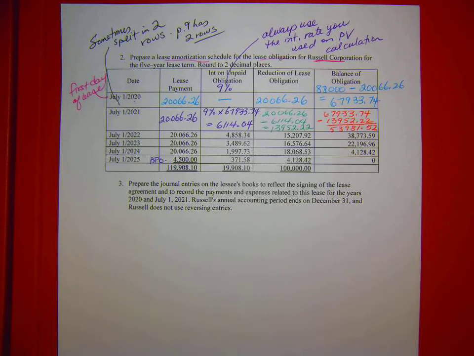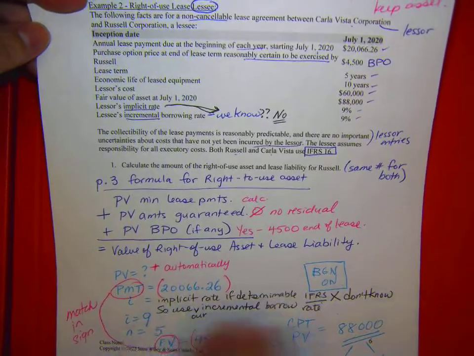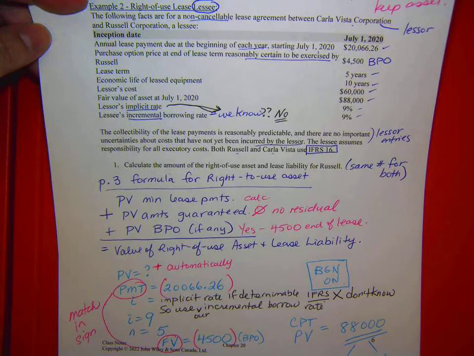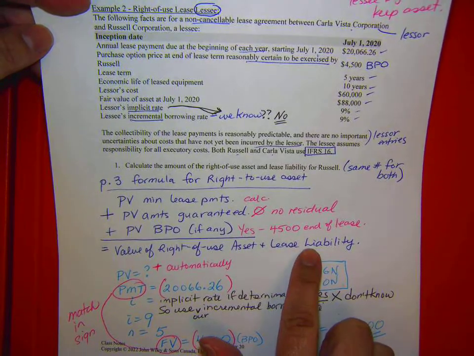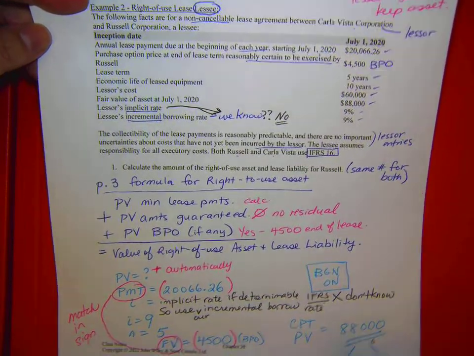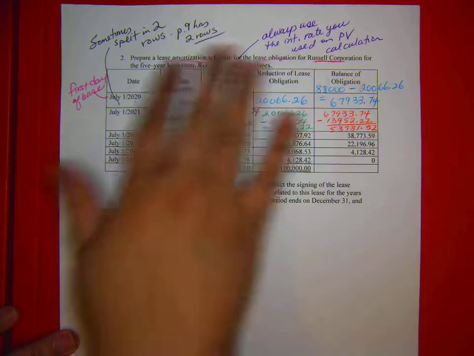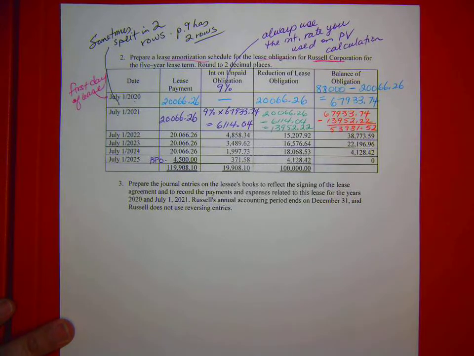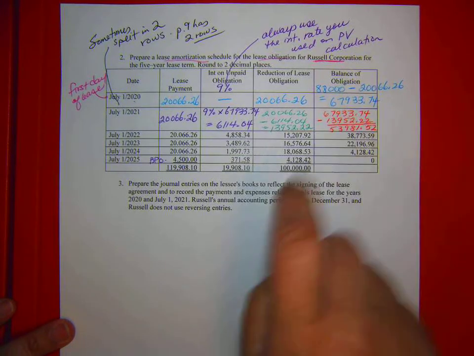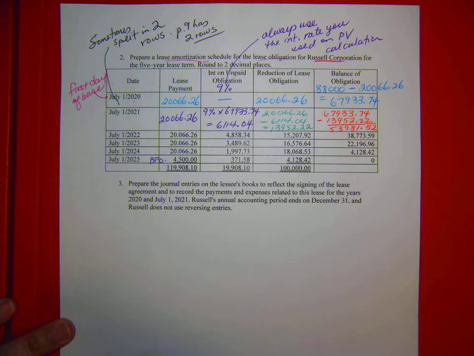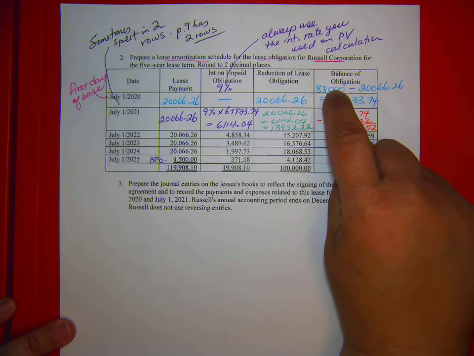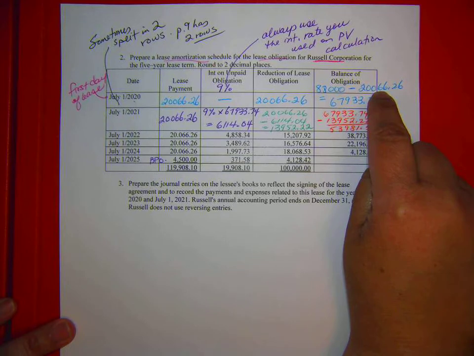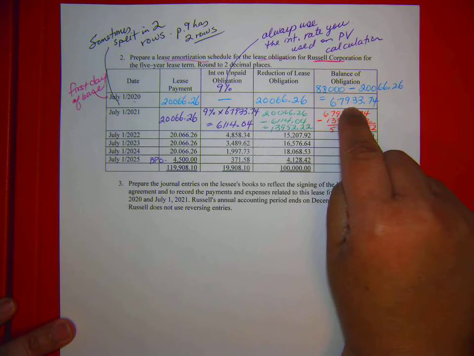Okay, so let's just recap. We're doing the accounting for a lessee. Here's the formula that we're going to put with our view of the asset and the liability. But before we can do the entries, just like with a bond, we set up an effective interest amortization table. Here's the bond, the loan or obligation, because it's not really a loan, just a liability. 88,000 we paid right up front, so we take that balance off right away to give us this.